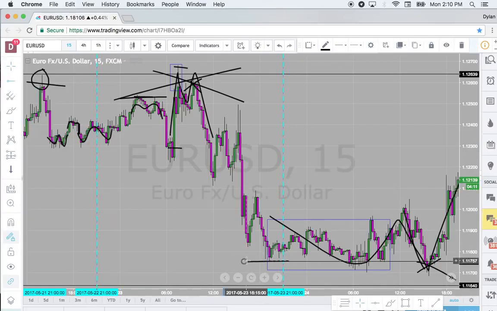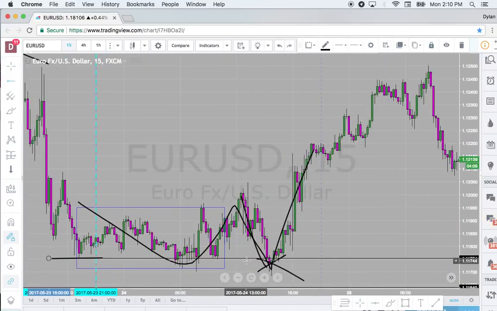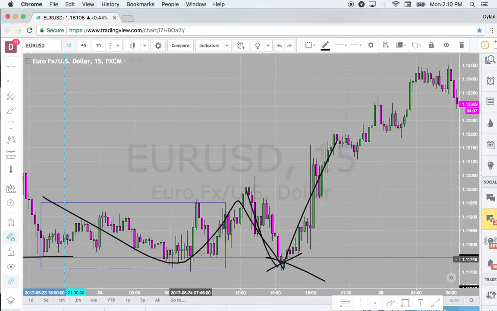Let's mark it as the low. We can see the low was worked Asian session, and then would we have bought this? No, because that's Asian session. We wait for the breakout London or New York session.